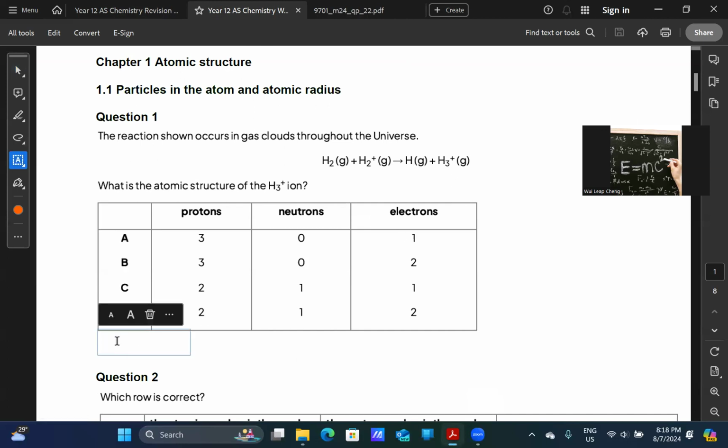The explanation I will write below it. There are 3 hydrogen atoms. Hence, there are 3 protons.